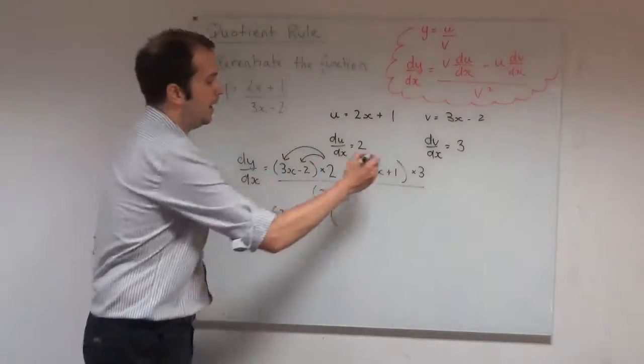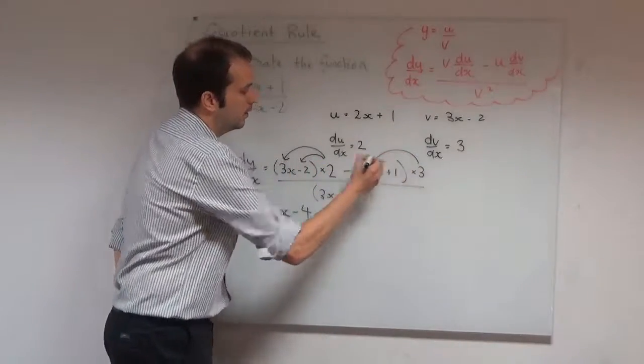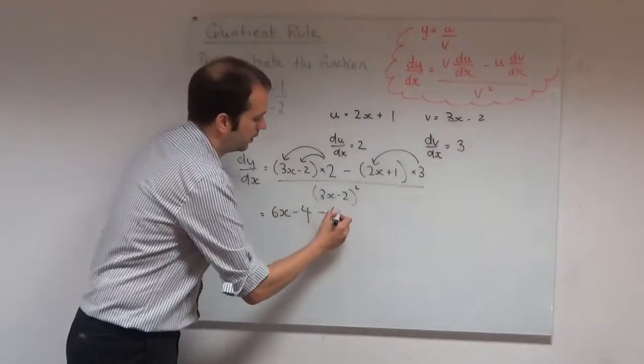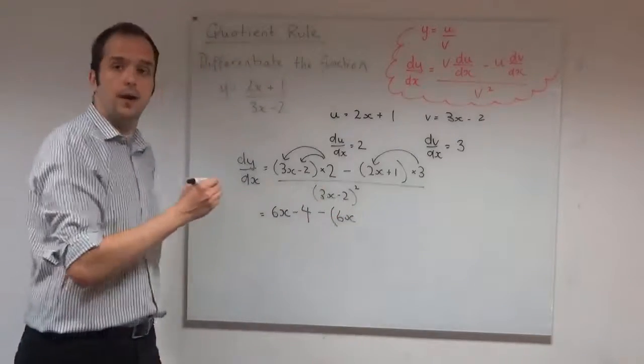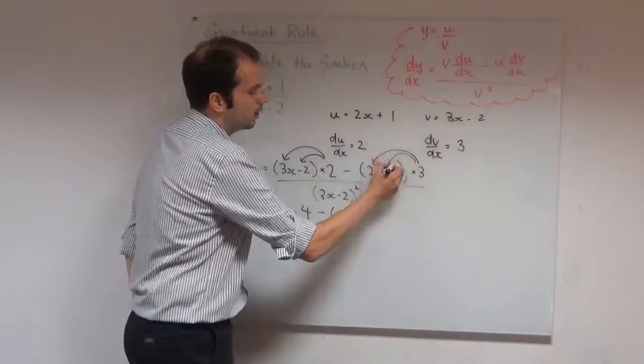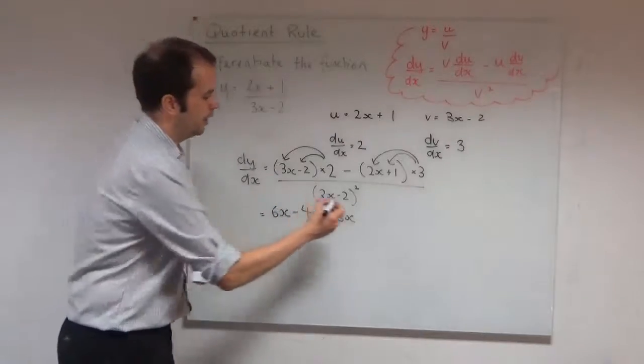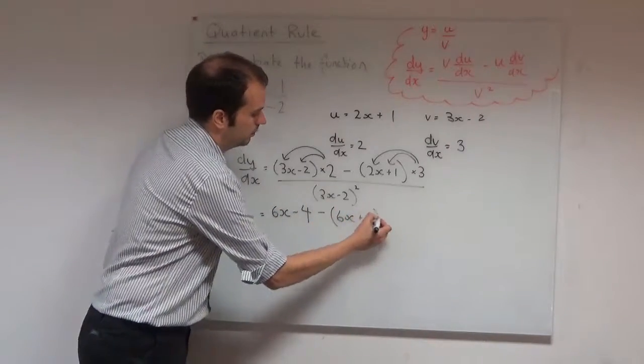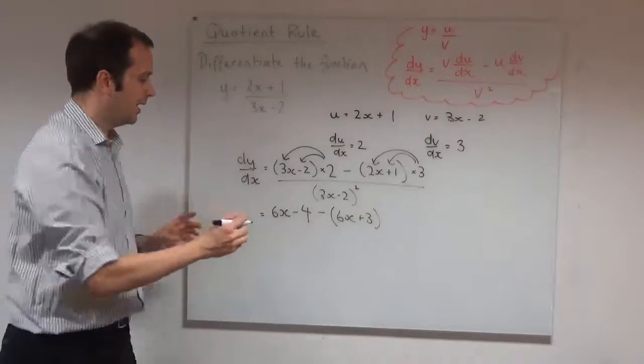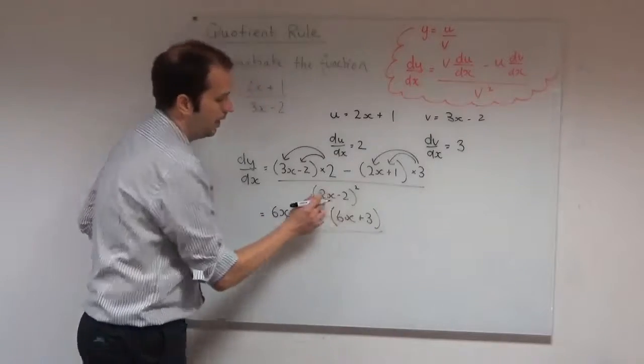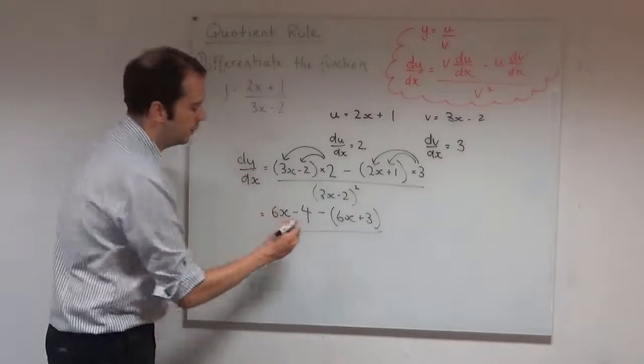So what will I get there? I'll get 3 times 2x, which is 6x. And I'll get 3 times 1, which just gives me 3. And remember all of that is over this 3x minus 2 squared.